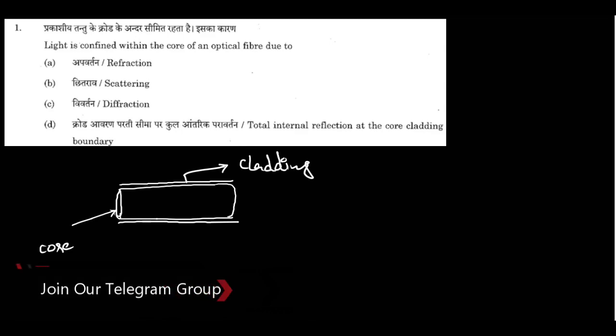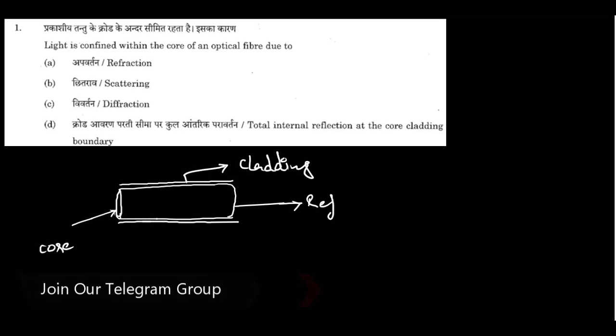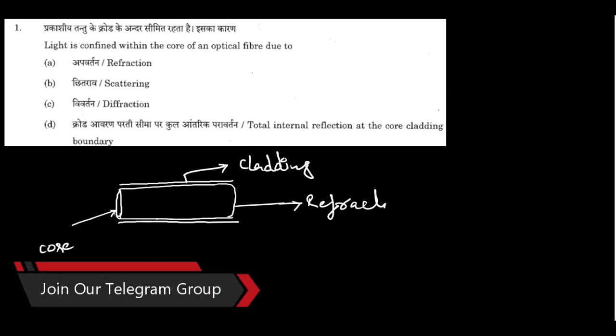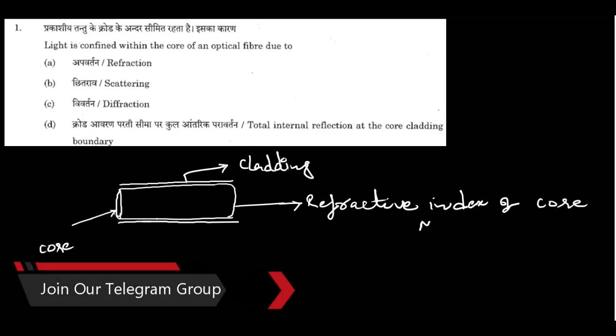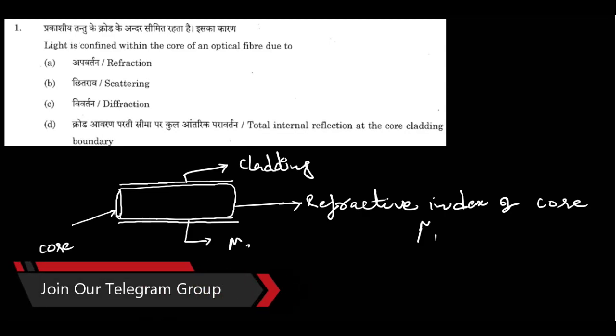Now there is something called the refractive index of the core. Let us take it as mu1. And for the cladding, the refractive index is mu2.